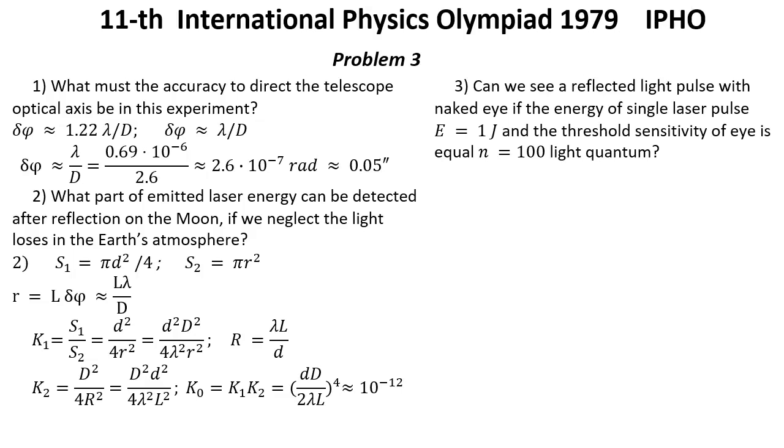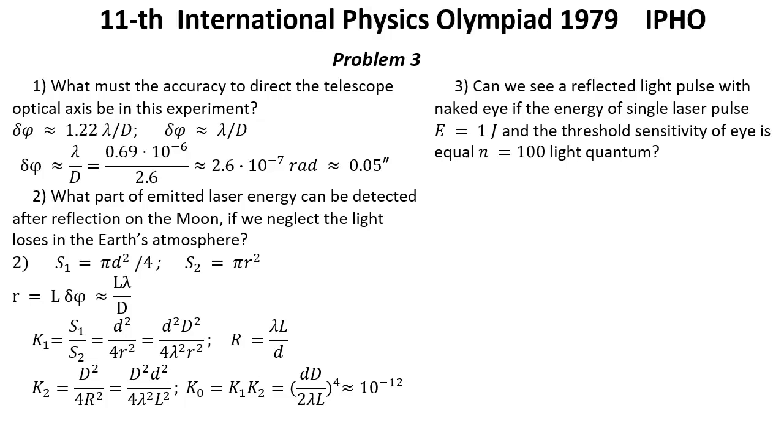Question number 3. Can we see a reflected light pulse with the naked eye if the energy of the single laser pulse E equal 1 joule and the threshold sensitivity of eye is equal about 100 light quantum? Solution.